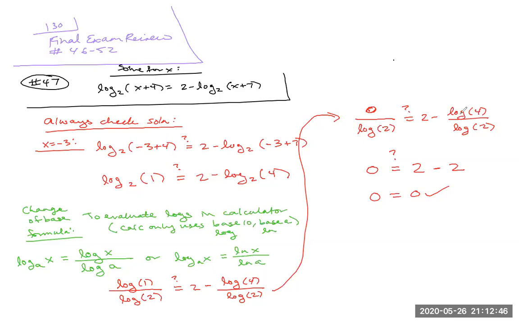So let me know again if you need help doing this portion. I know that the logs are definitely a little bit abstract compared to what we've been working with in the past. So reach out. We have about a week left. Okay, so what we found is that the solution to this particular problem is x equals -3 only.